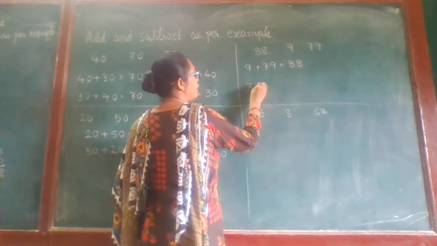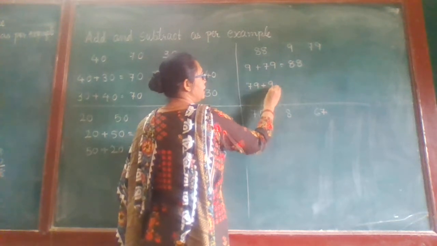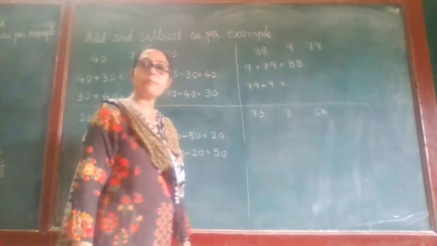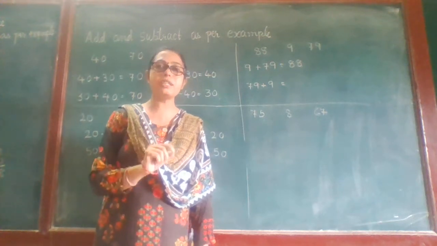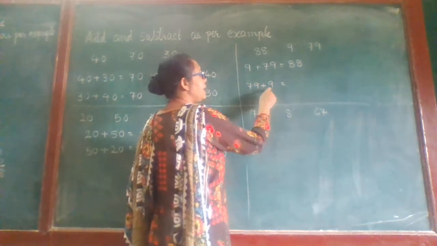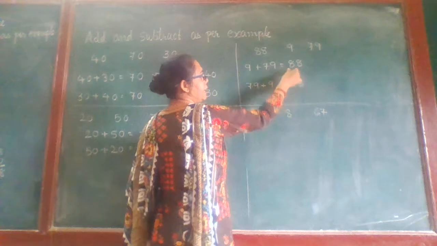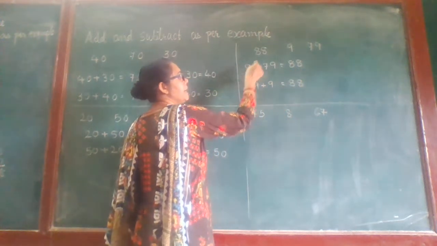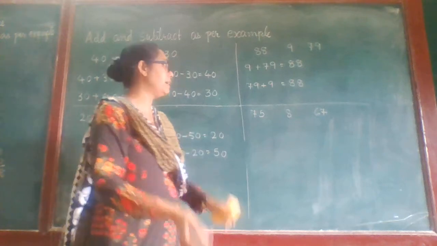If I change the order of the numbers, I write 79 first and then 9, but the answer remains the same. If we change the order of the numbers in addition, the answer remains the same. 79 plus 9, 88. Means in 88, 9 and 79 both are there.